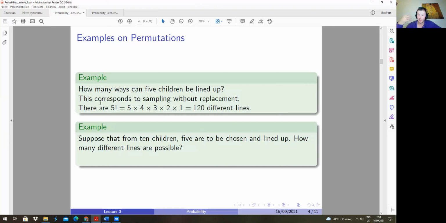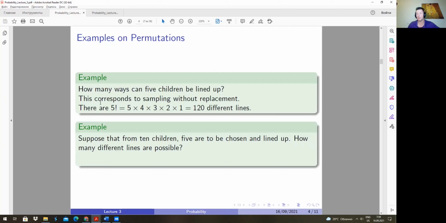Out of 10, first we pick one child. How many possible options do we have to pick out of 10? 10. After we selected the first child, we have 9. Then we have 8, then 7, then 6. And then we stop, right? Because we need to choose only 5 kids.